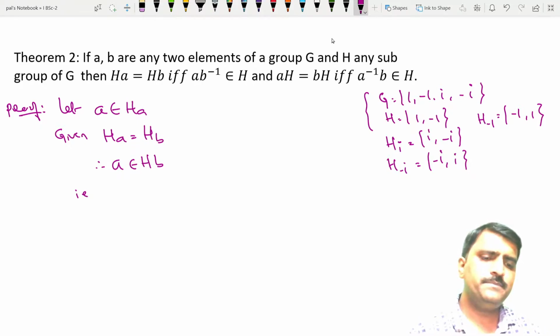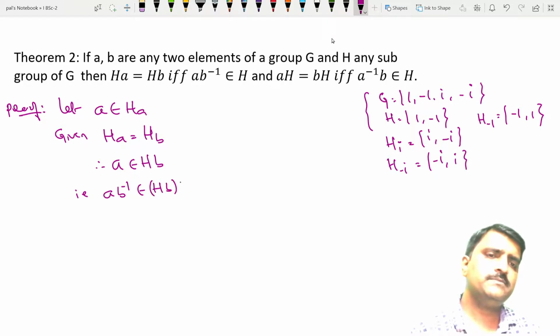So if A is an element of HB, then the element AB inverse belongs to the coset HB into B inverse. So that belongs to HB B inverse, so AB inverse belongs to HE.